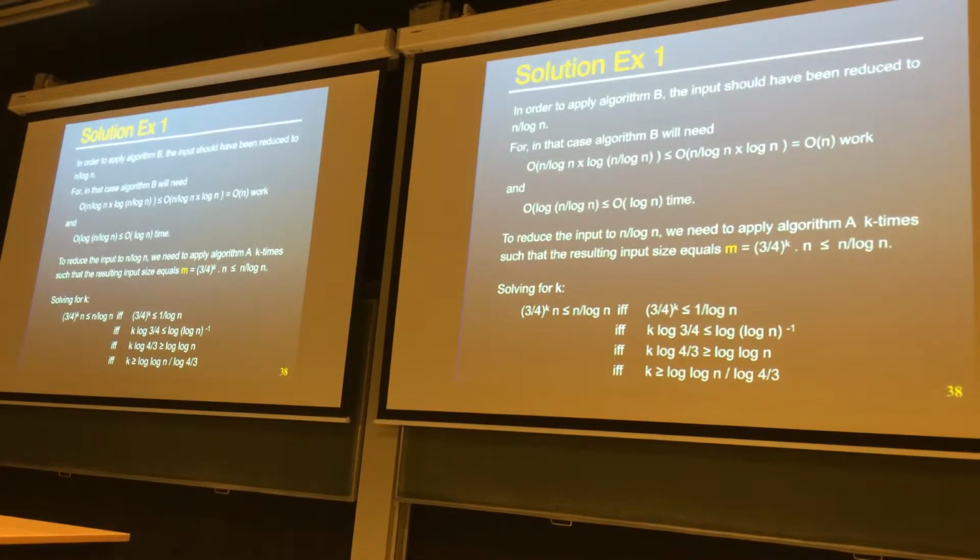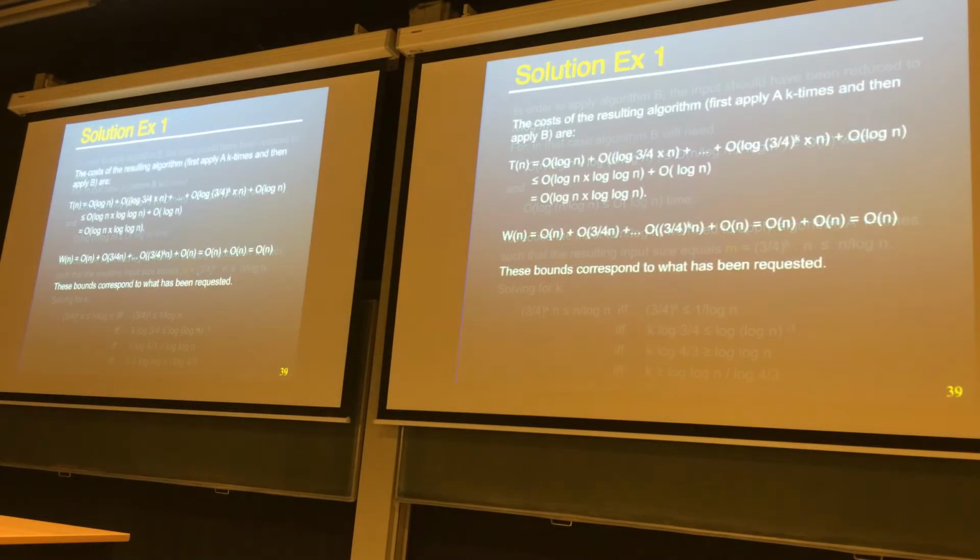And now, once we have found k, we know what the time and the work cost of the first part of the algorithm is, namely the k iterations. So the cost of the resulting algorithm consists of first applying A k times and then B. Well, what's the total time we need?